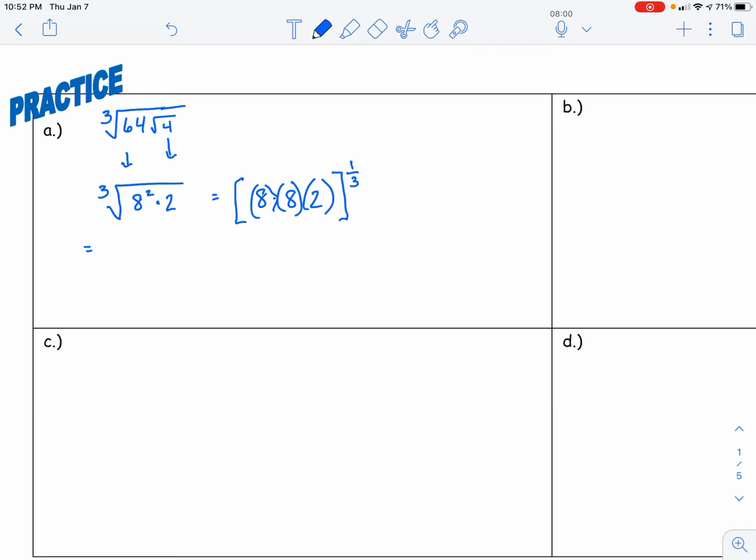And all of that is going to be raised to the 1/3 power, because, right, we have a 3 out here. So that becomes this 1/3. All right, let's keep going. Now I'm going to multiply this with each exponent. Well, each number inside there, the exponent is actually 1. So you're going to have 8 to the 1/3 times 8 to the 1/3 times 2 to the 1/3.